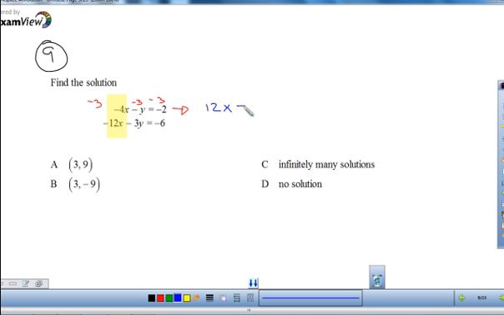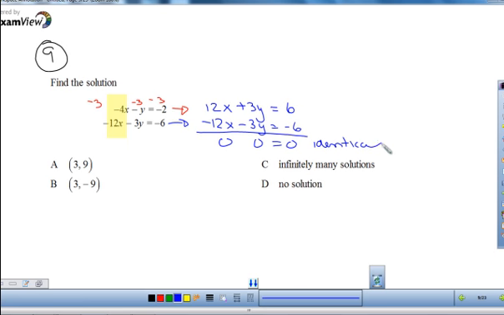Negative 3 times y is positive 3y. Negative 3 times 6 is positive 6. The bottom equation I didn't do anything to, so I'm just going to bring it down. So I end up with 0 equals 0. That means they're identical lines, so there are many solutions.